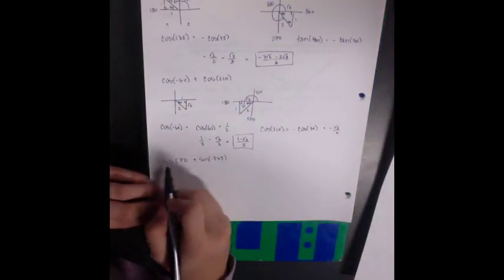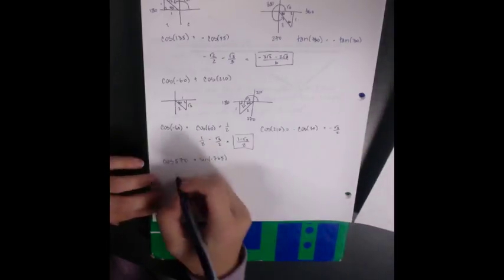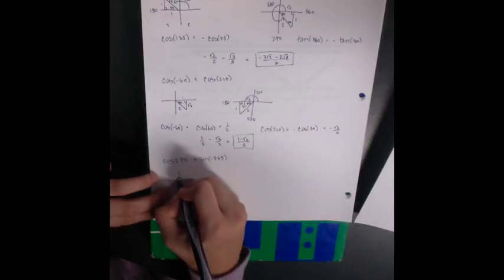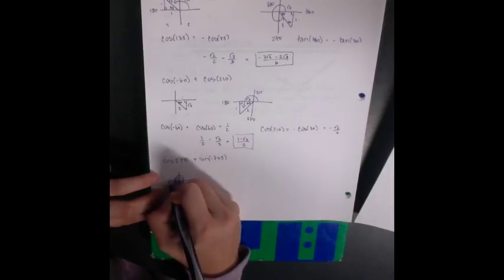The cosine of 570 plus the sine of negative 765. In this case, 570, we've gone all the way past 360, and then we go over here past 180.